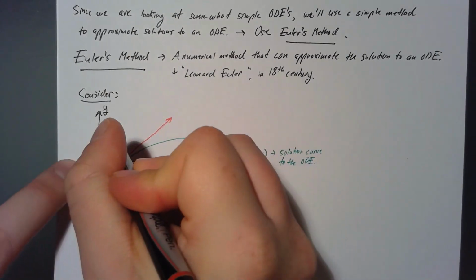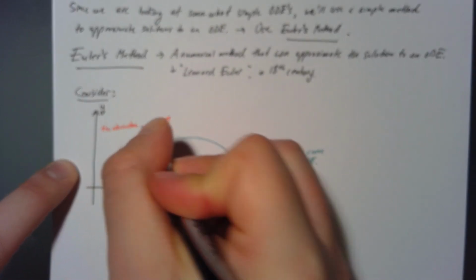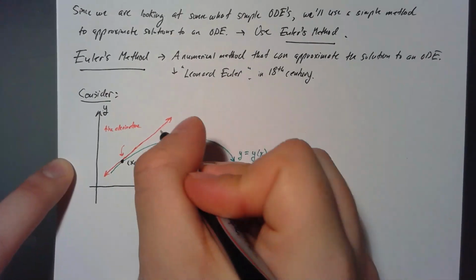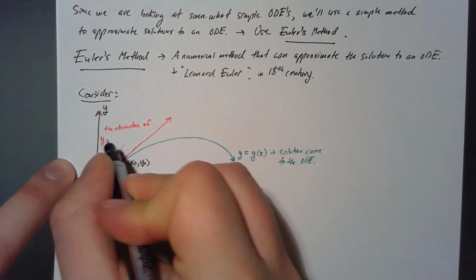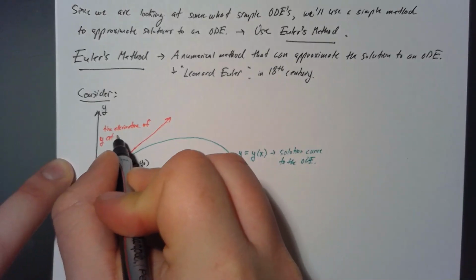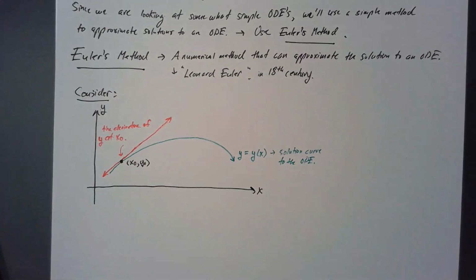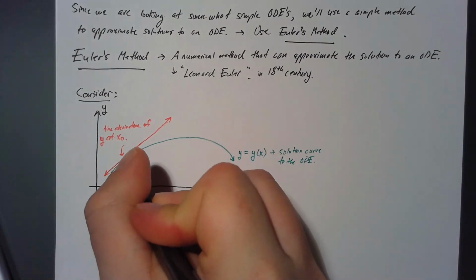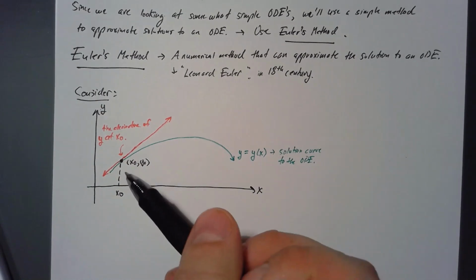So this is right here at that point. That's the derivative of y at x of 0, right? So this is the point x of 0, that's my starting point.